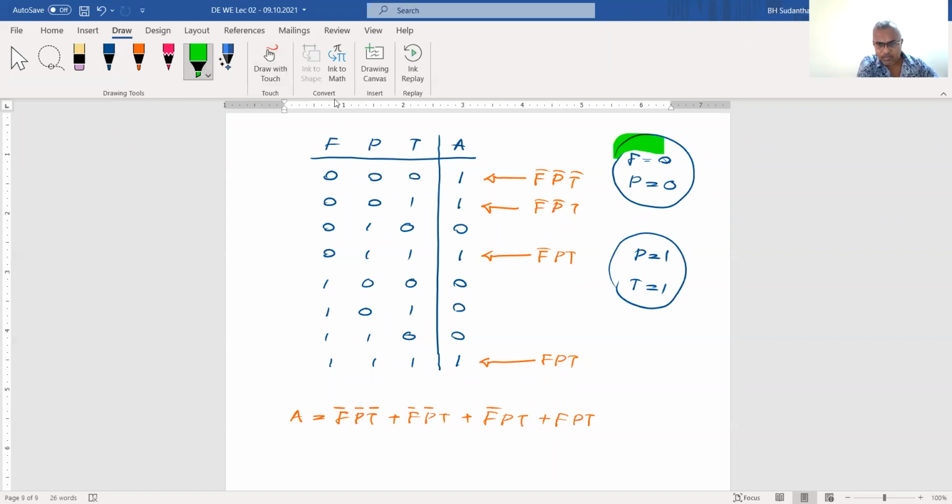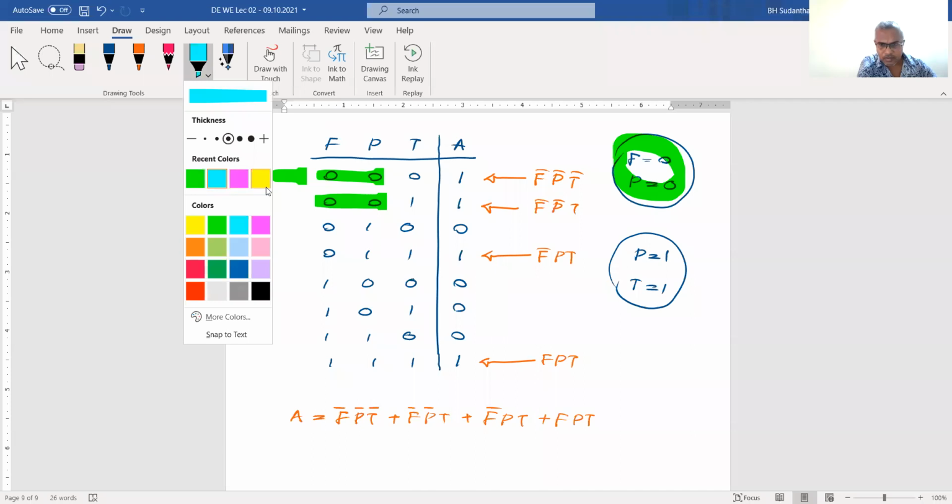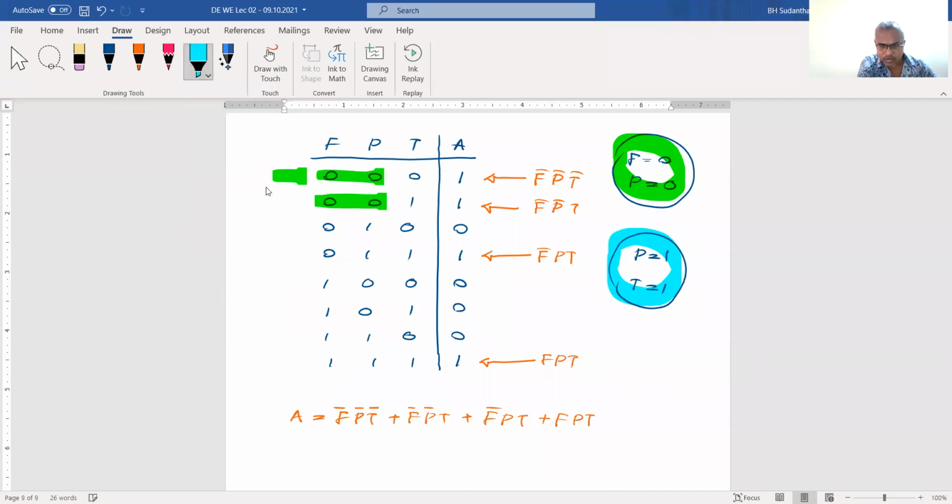Okay, then when you have this first one, I think you can see here, this one and this one, F0, P0, F0, P0. Because of that, we have to consider these two combinations. In the second case, again we have two different combinations.